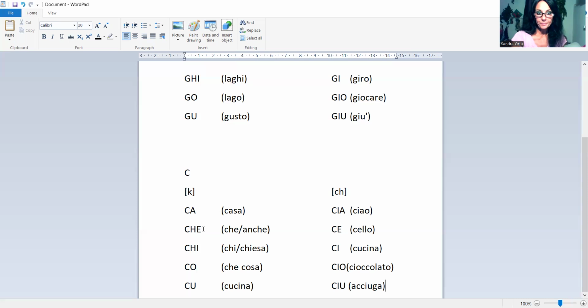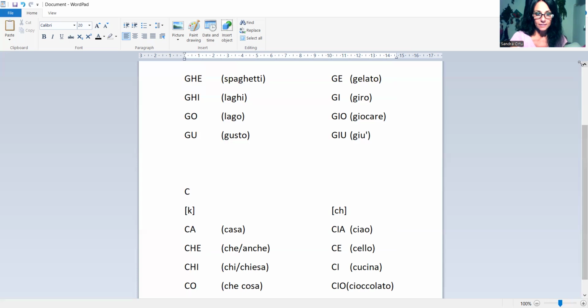Only remember, exactly like the letter G, let's see. Can you see, so the letter G and the letter C, followed by the vowels in Italian e and i, or in English E and I, exactly the same here. So only with these two vowels, we use the H in order to make the hard sound.